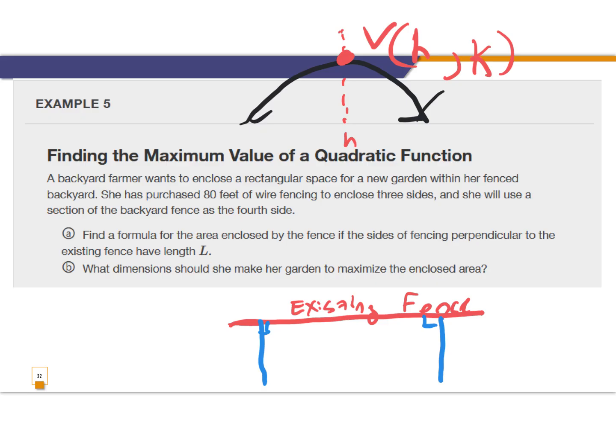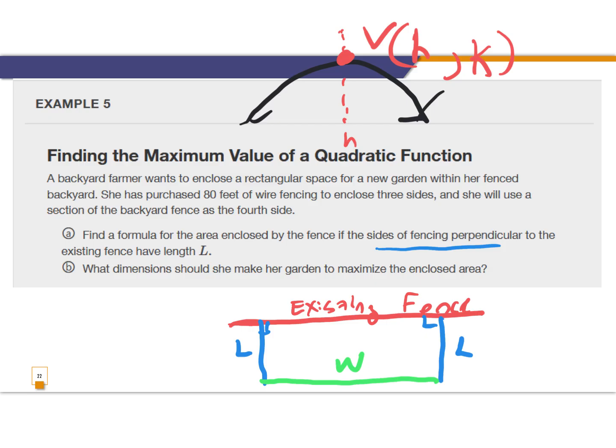The pieces of fence that are perpendicular, we're going to call it L. So that's L. So if that's the case, then I have another piece. I guess I'll make that green. If we're doing a rectangle, we think of rectangles with lengths and widths. So there's my length, and I'm going to call this my width.